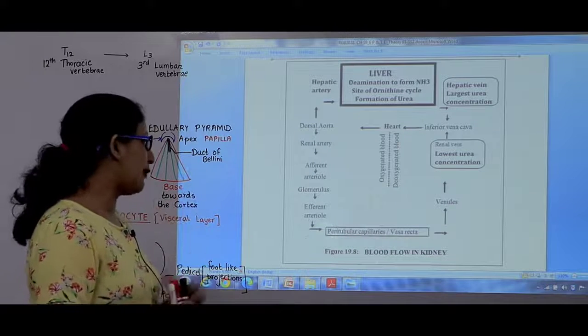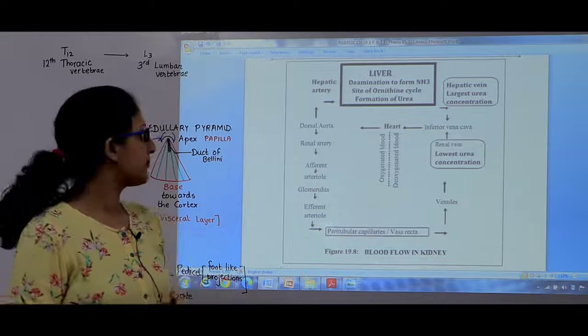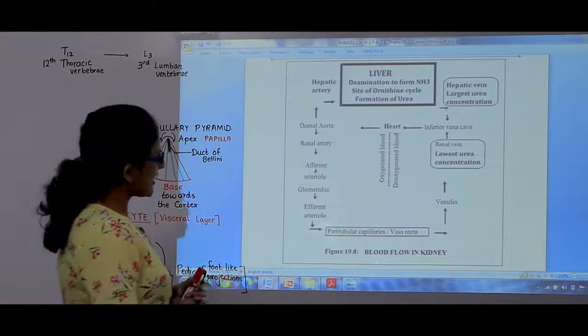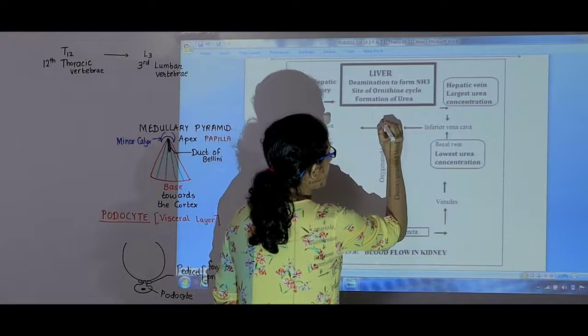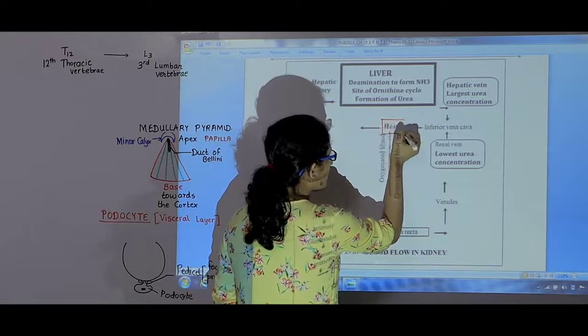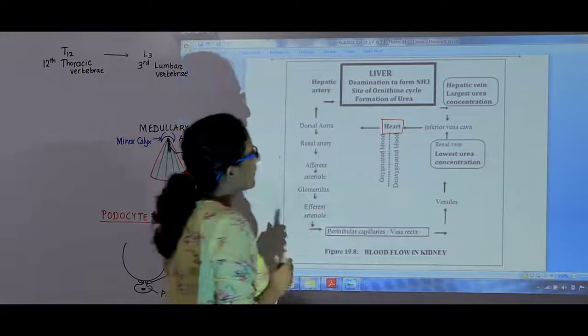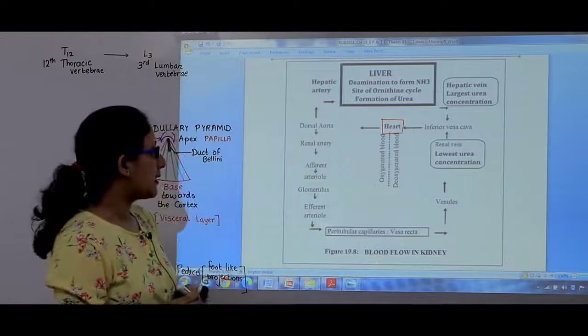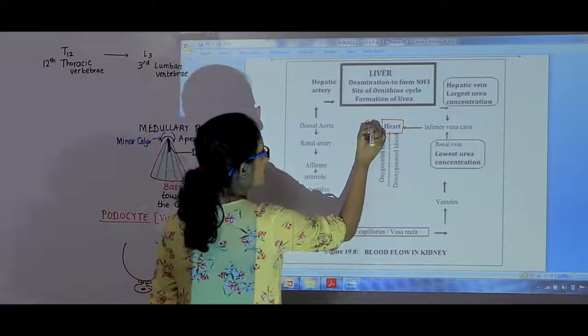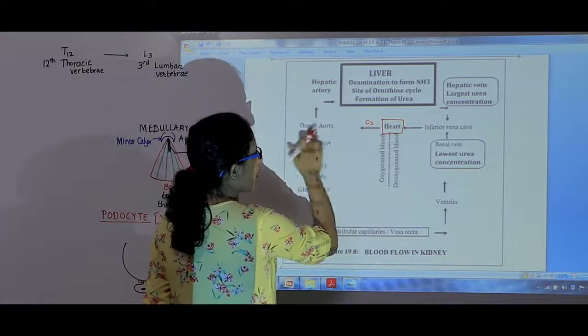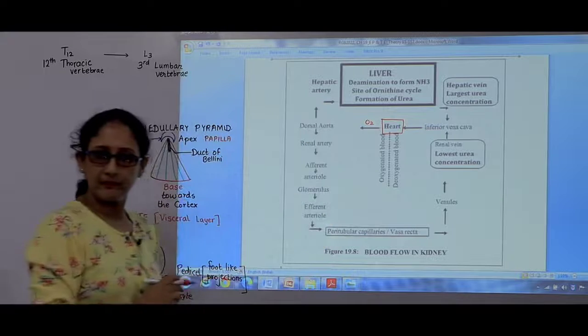So how does blood flow in the kidneys? First of all, your main organs, over here I am drawing the heart. From the heart, oxygenated blood goes into the dorsal aorta.